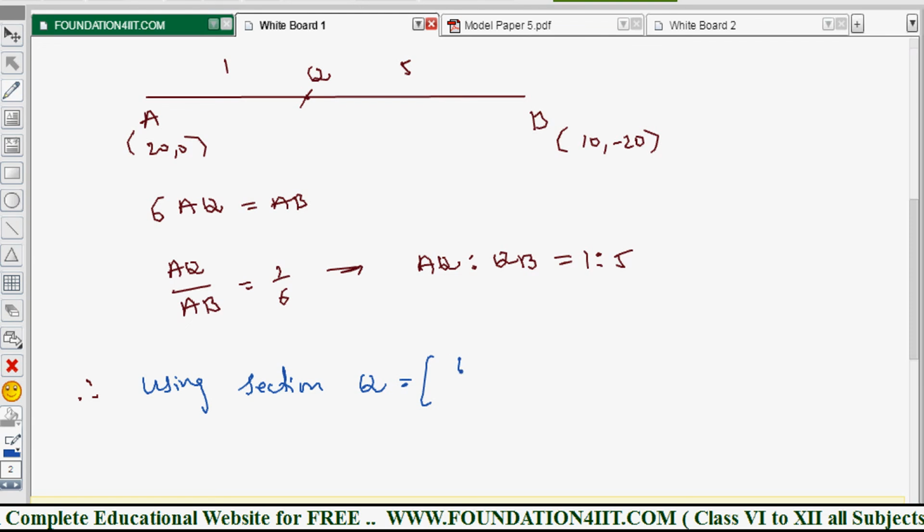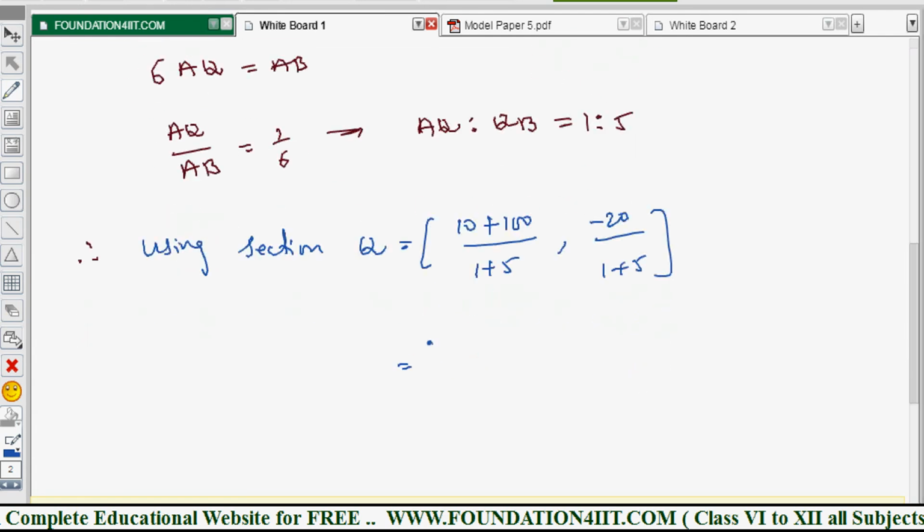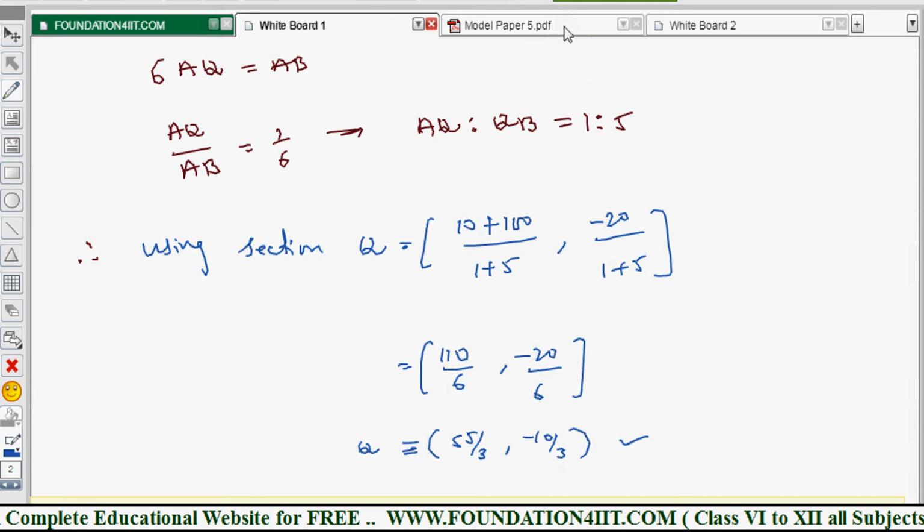If you apply, then 10 into 10, plus 1 into 20, by 1 plus 5, and the remaining is minus 20, by 1 plus 5. Just simplify. Then 100 plus 10 is 110 by 6, comma minus 20 by 6. Simplified, that is the coordinate point Q, which equals (55 by 3, minus 10 by 3). Right. So these are the 2 points. According to the given conditions, we prove these both are the P and Q.